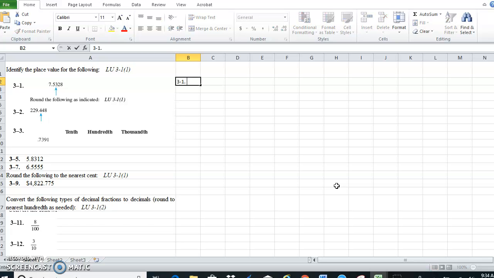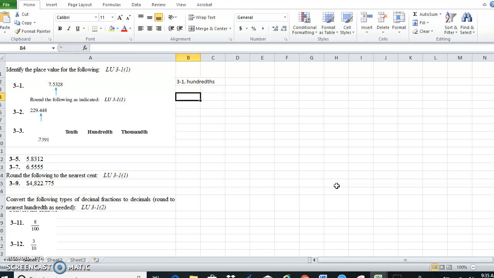Now, we know that 7.5 means 7 5/10. 7.53 means 7 53 hundredths. So the 3 is in the hundredths place.